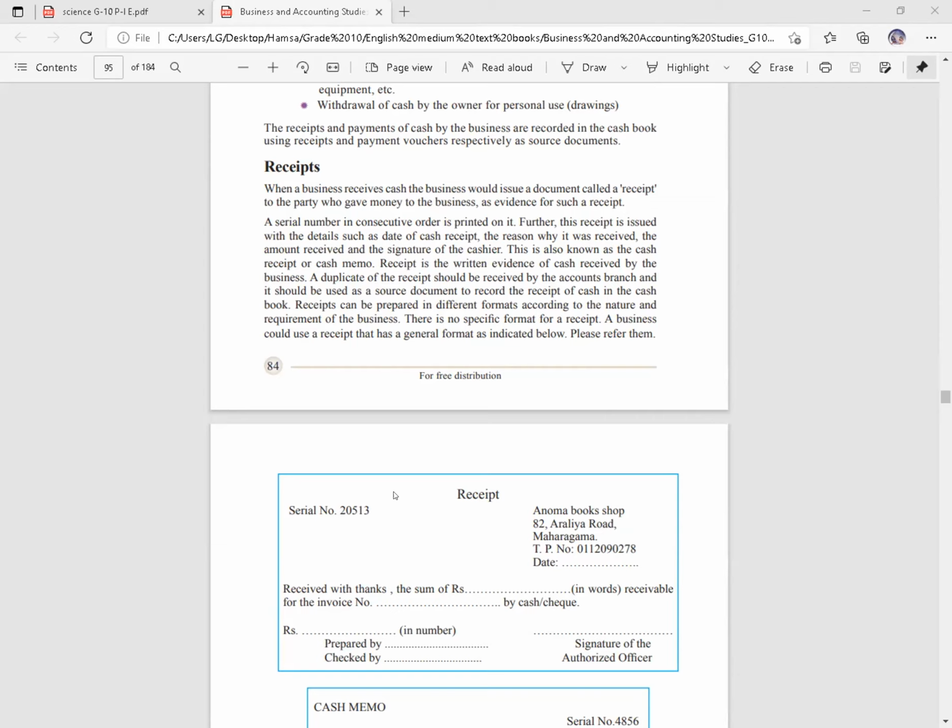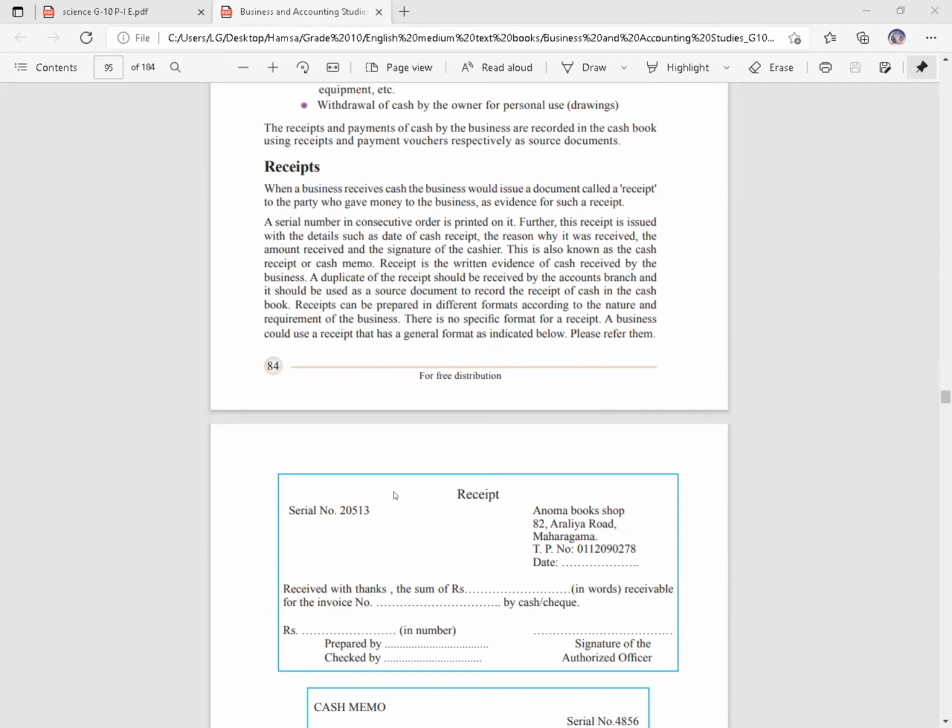You need some evidence to record your receipts and payments of cash by the business. Those evidences are called source documents.